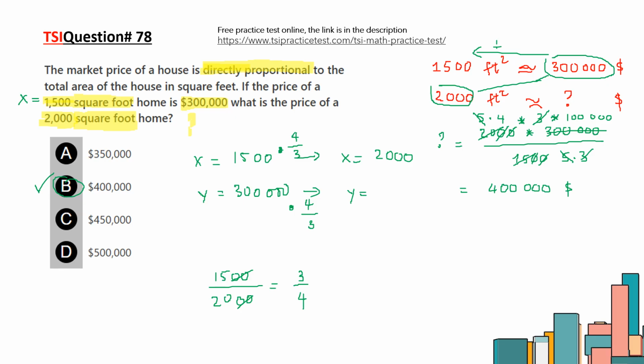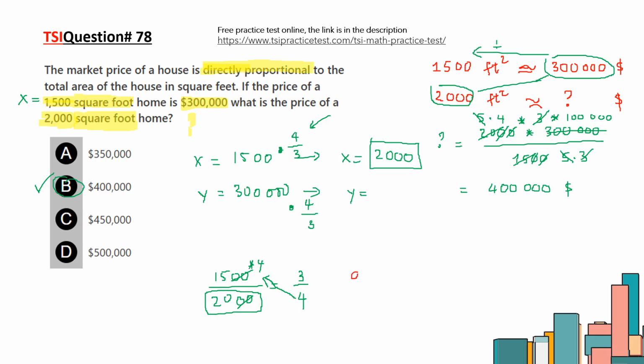How do we know that we multiply by 4 over 3? This is our target, 2,000. So we can just multiply this one by 4, divide by 3, then multiply both sides by 20.